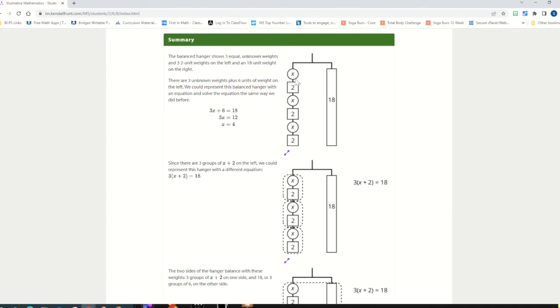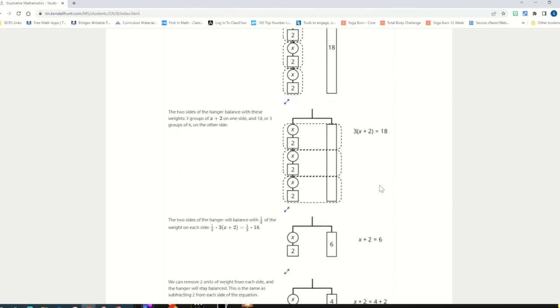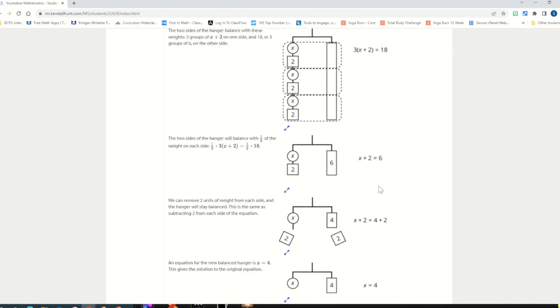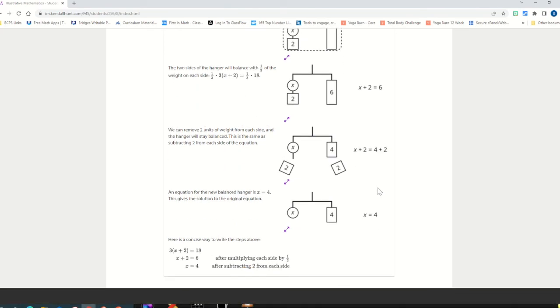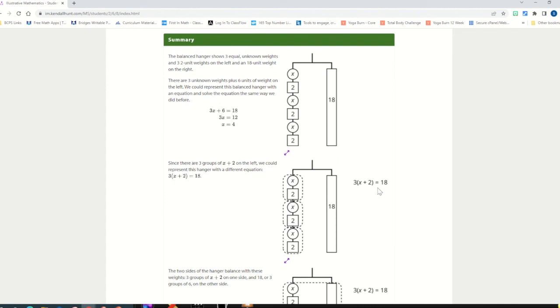Here is our x plus 2, x plus 2, x plus 2, or 3 groups of x plus 2, and it's equal to 18. And they show you how you can work it out multiple ways. So again, beautiful illustration of how we can use the distributive property or combining like terms to solve multi-step equations.